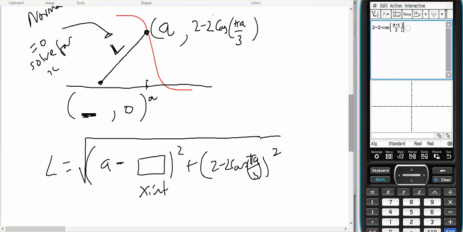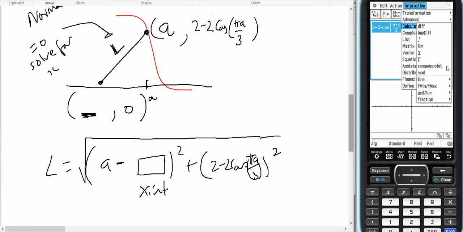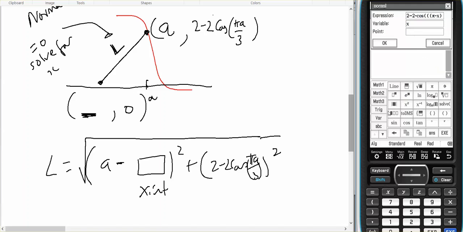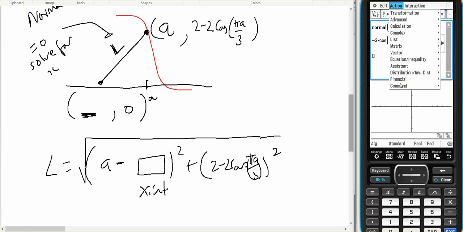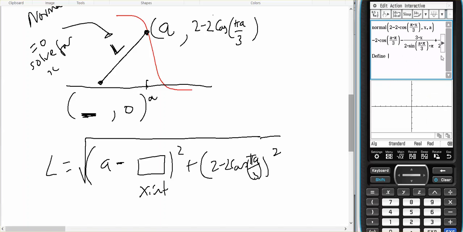Okay, so here we go. I've got my function, and I'm going to calculate the normal line, and I'm going to calculate it at point A. There it is. What I would like to do is define that, because it's very long, it takes up 3 sections.